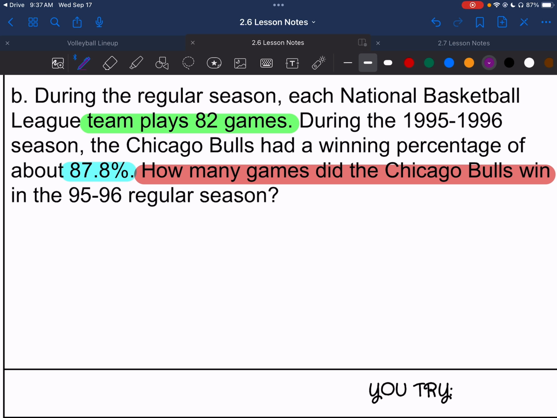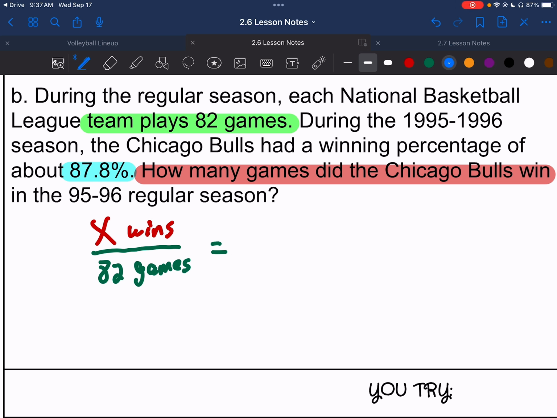So I don't know how many games the Bulls won. So I'm going to start with that. I don't know how many wins we have, but I do know that they played 82 games. Right? We don't know how many wins, but we do know they played 82 games.